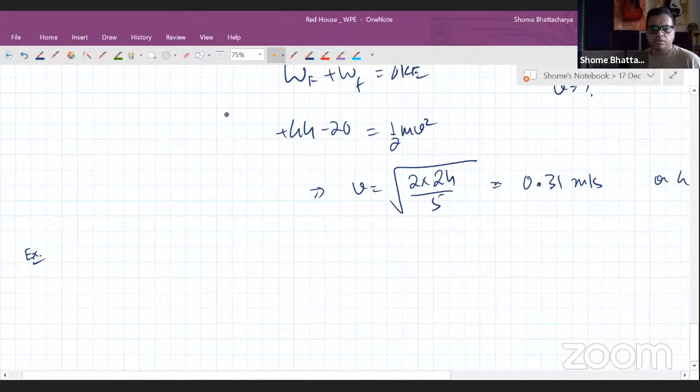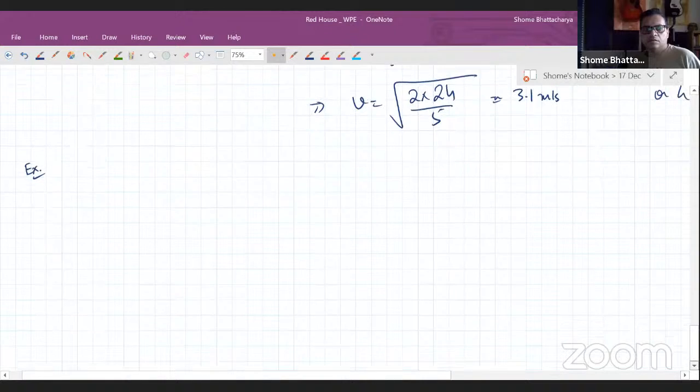Yeah, sorry. It is approximately 3.1. My mistake. Yeah, that's correct. Approximately 3.1 meters per second. Okay, now let's come to the next example.